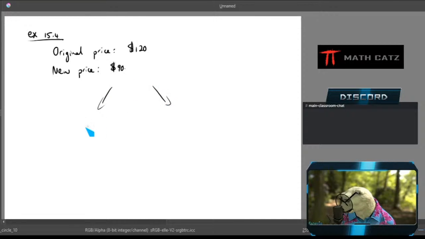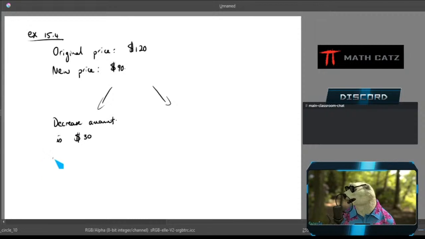Let's suppose some people like to focus on the change amount. Let's say the decrease amount. So I'm reminding myself, oh, it's a decrease. What's the amount only? Is of course $30.